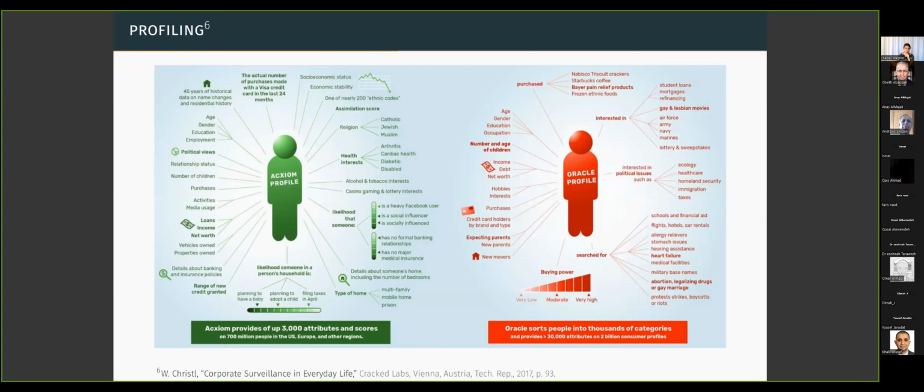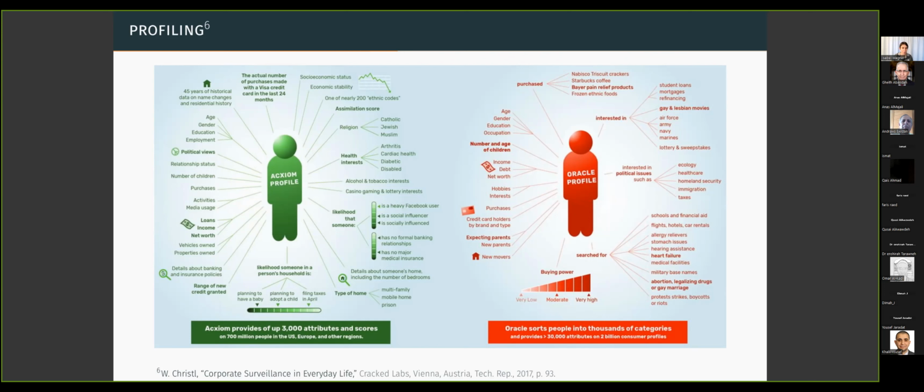So I mentioned profiling and that we would take another look at what's in user profiles. So these are two examples. On the left are profile attributes maintained by Acxiom, which is a big company in this space. On the right side, profile attributes maintained by Oracle. And you can see that this is really, really comprehensive.